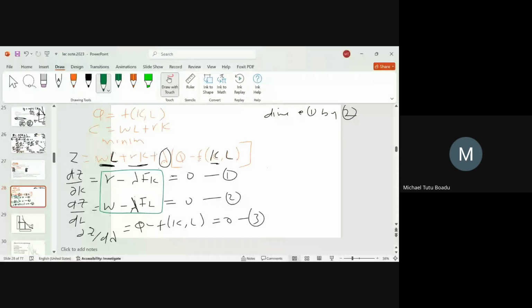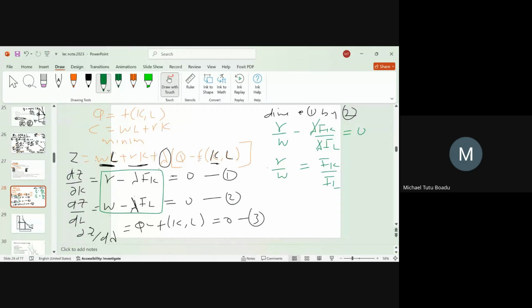So if I say 1 by 2, then it means that R divided by W minus lambda FK divided by lambda FL. They are all equal to 0. So you group like terms, R over W is equal to, lambda will cancel, you have FK over FL.